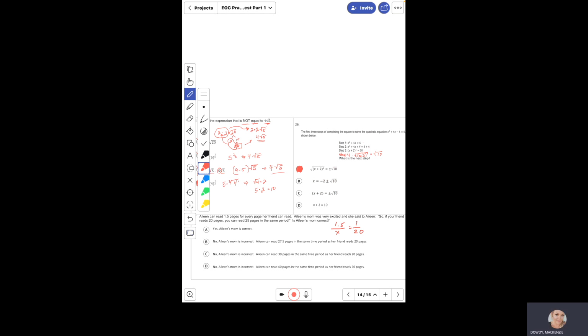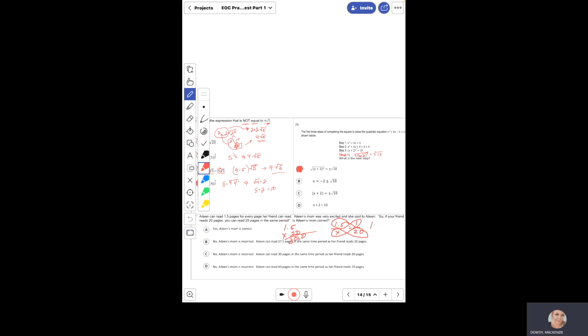So this is where you can do the butterfly. Okay, so you would get 1x, so that's just x, and 20 times 1.5 is 30.